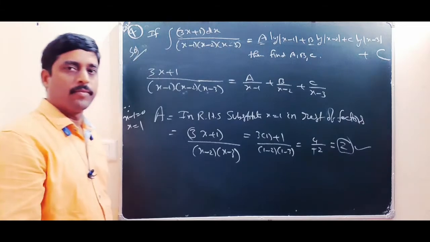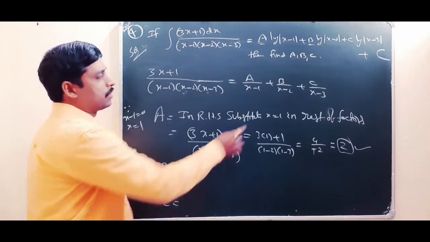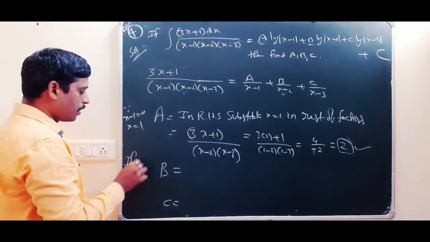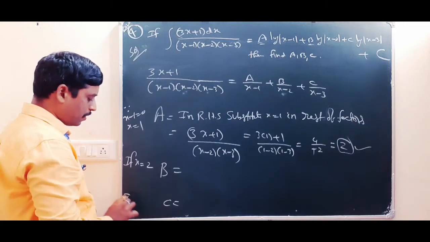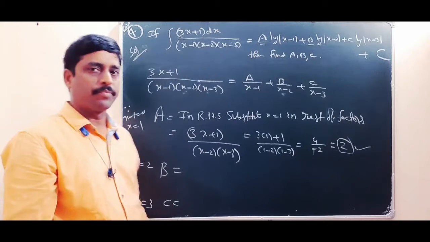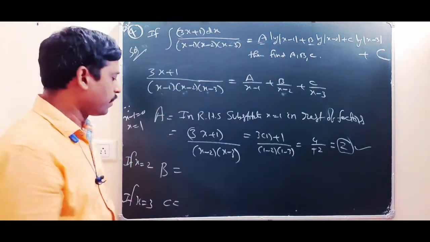Okay, similarly, we have to find b and c values. So the denominator of b is x minus 2, equal to 0, x is equal to 2. Substitute x is equal to 2 in the right side, rest of factors.